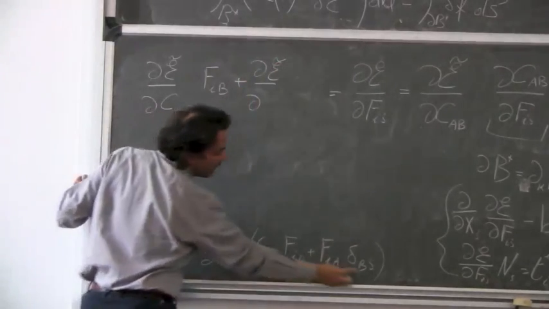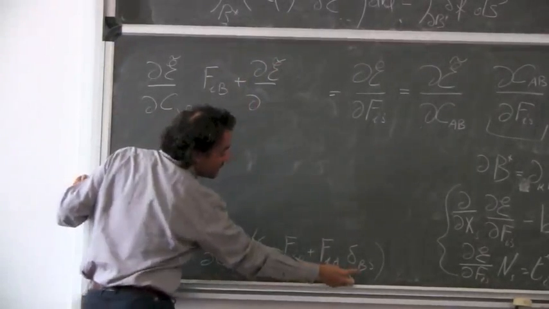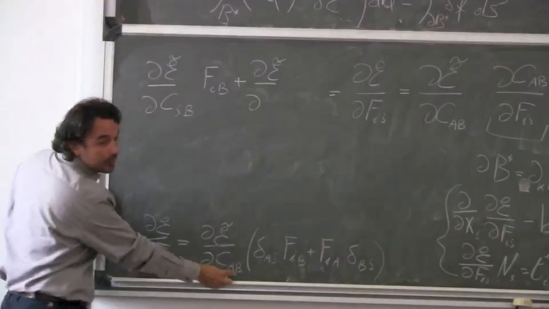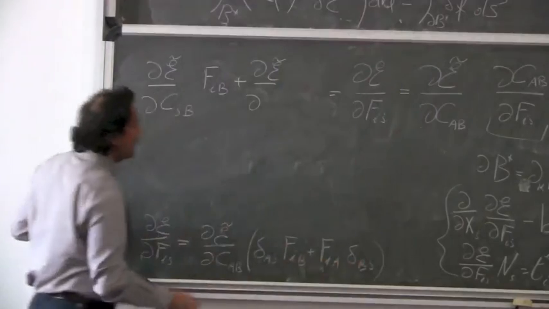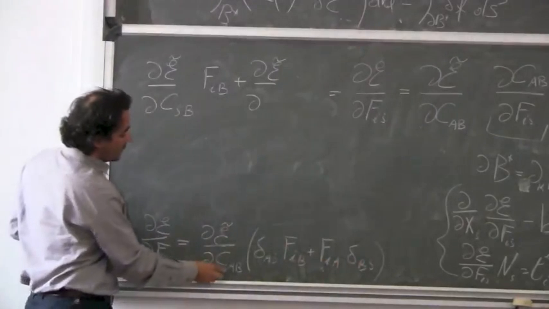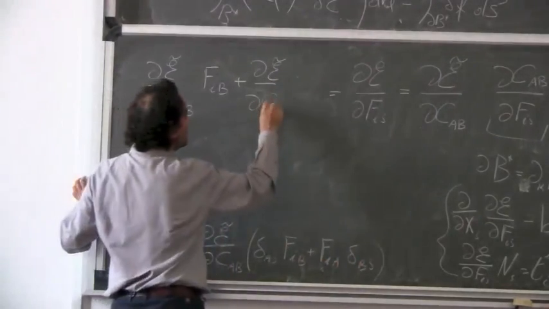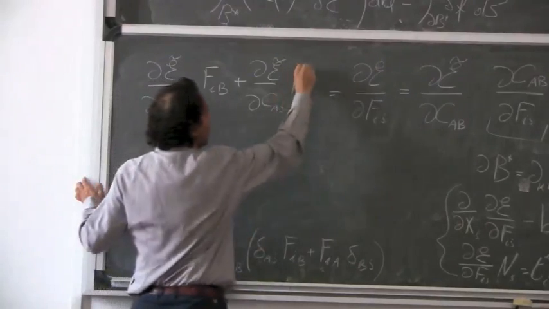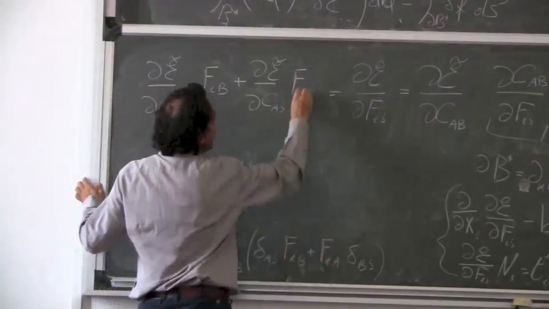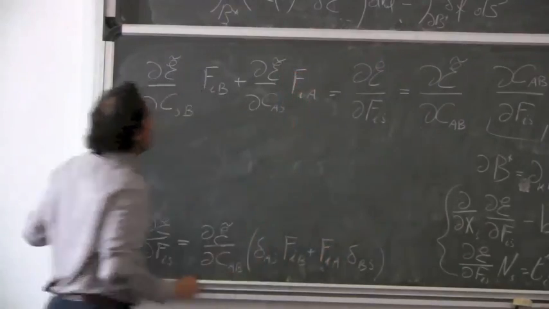You see that the sum now survives only, it is with respect to B, but it survives only when B is equal to J. So C_AJ F_IA.